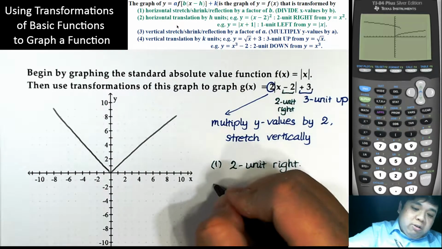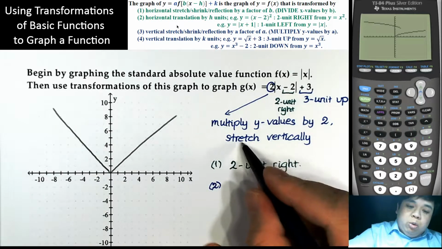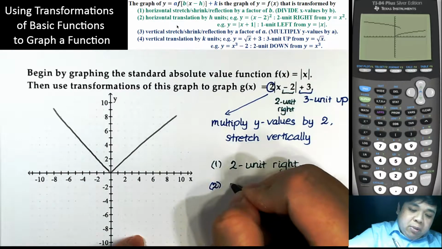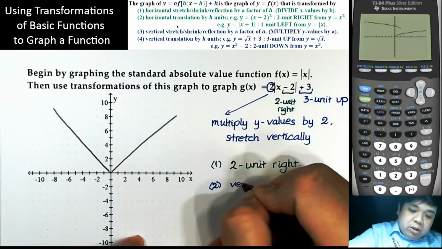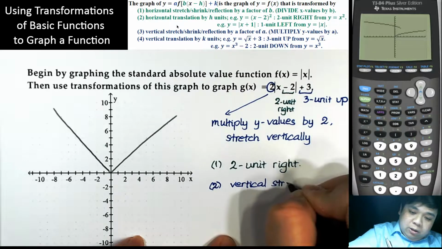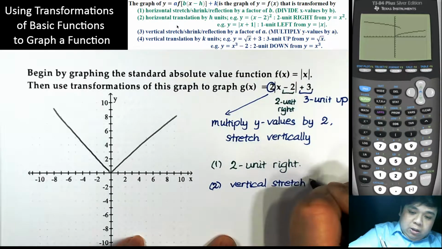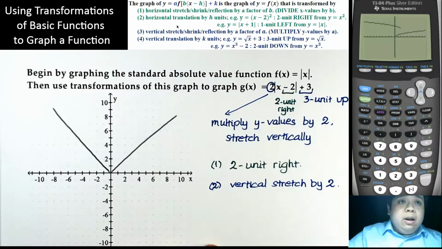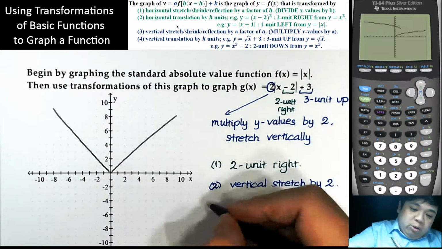Always multiply first and then add or subtract. So instead of writing everything like this, we just say we'll have the vertical stretch by 2, and then finally we have 3 units up.